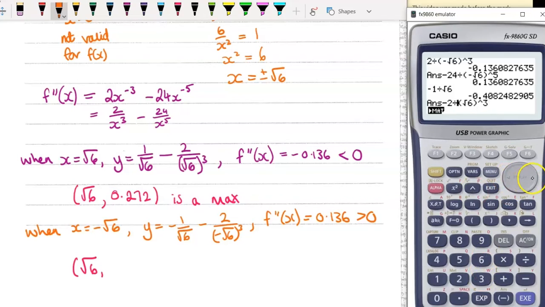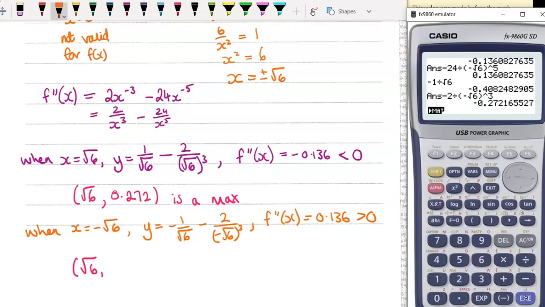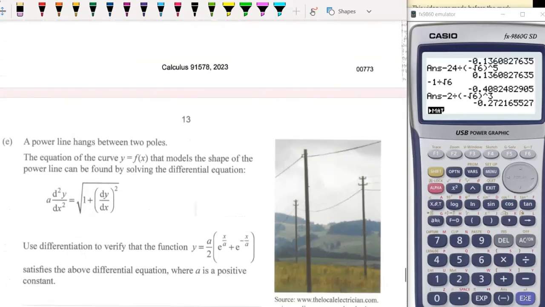And also I missed a minus. Gets me a negative 0.27. And that is a minimum because the f double dash of x was greater than 0. Okay, we got there in the end. That was a slightly painful one.